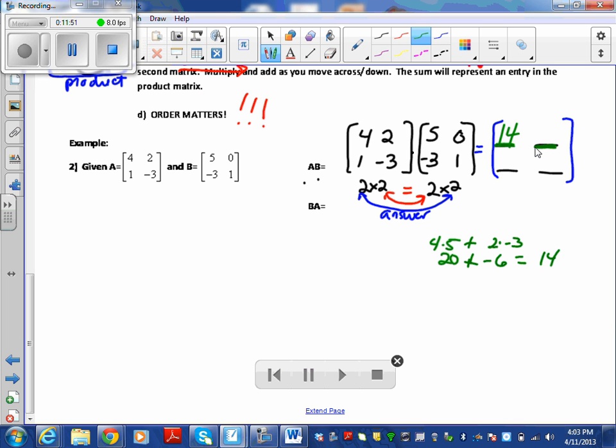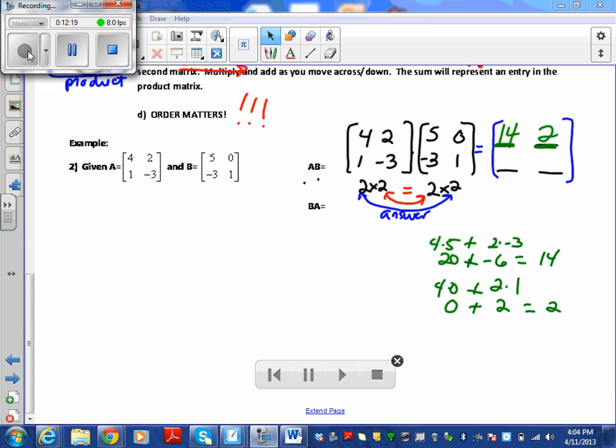I'll go across the first row, then I'll go down the second column this time. So I start at the left and at the top. 4 times 0, and slide your finger along both arrows, and then we'll be doing 2 times 1. So we'll have 0 plus 2, that gives us 2, and that's the entry that goes in that spot.